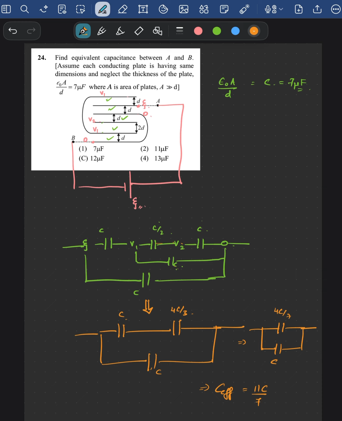Now the C value is equal to 7 microfarads, so C effective is equal to 11 by 7 times the 7 microfarads, which is equal to 11 microfarads. Hopefully this question makes sense. See you guys in the next question.